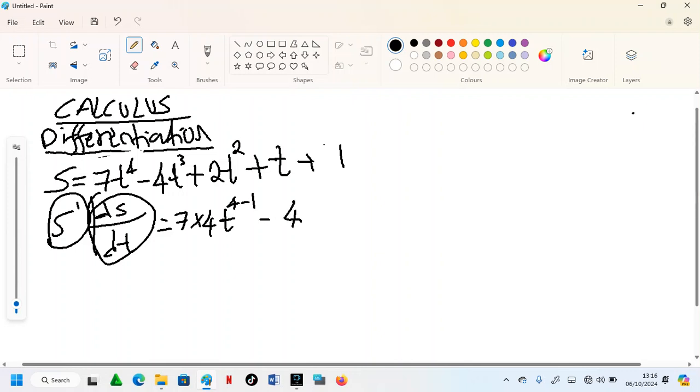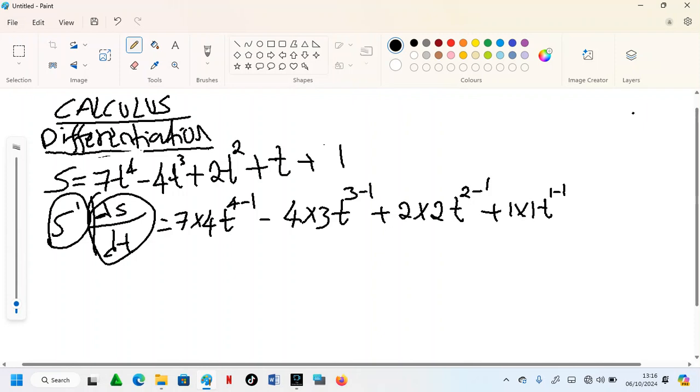So minus 4 times 3, of course, dropping the power, and then t, 3 minus 1, right? And then plus 2, you drop the power again, times 2, and then t, that is 2 minus 1, and then plus 1, because we are going to drop the power, 1 times 1, t, 1 minus 1, and then we drop the constant, which is 1.